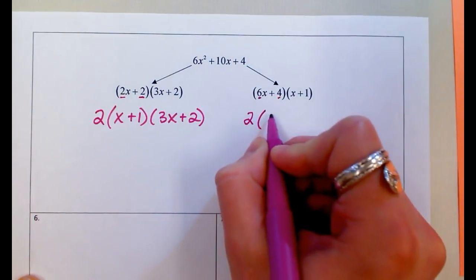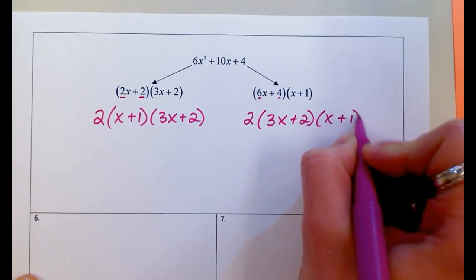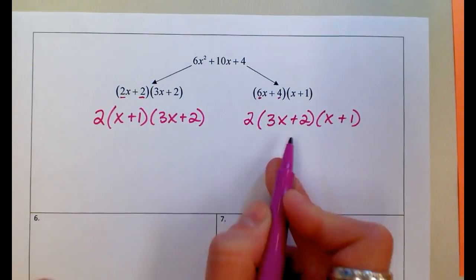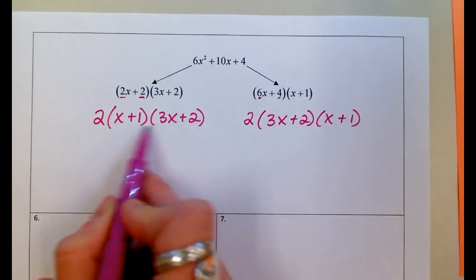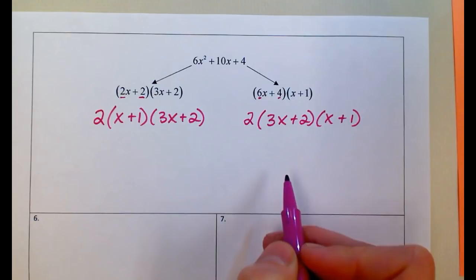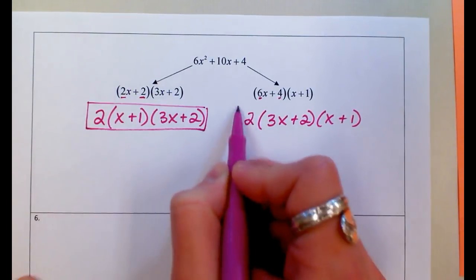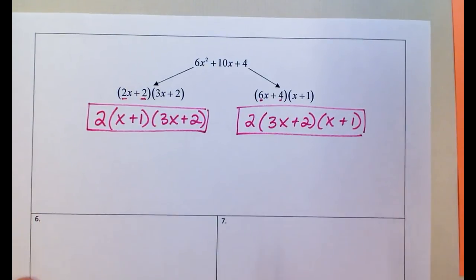So factoring that out, we have 3x plus 2 times x plus 1. Now these are the same exact answers even though they are in different positions, because the commutative property allows us to do that with multiplication. These are now both factored completely, but it is much easier if you see the GCF in the beginning and don't forget to factor it out.